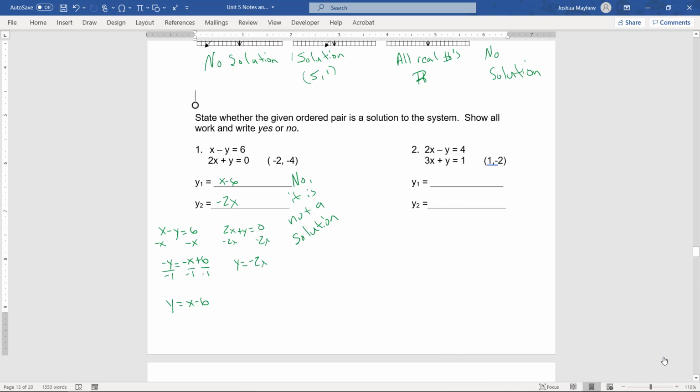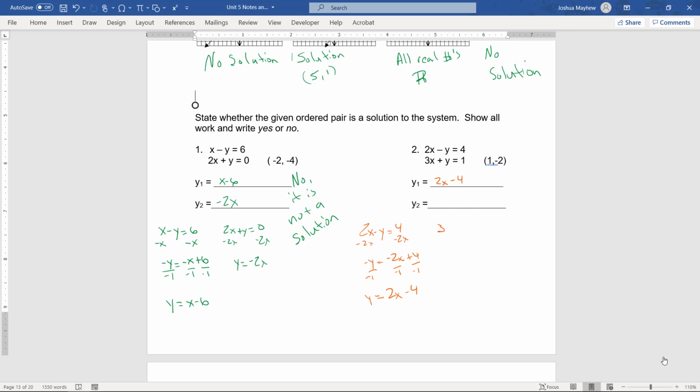All right, let's see how you did. First, you've got to change the form. You should have subtracted 2x from both sides. You get -y is -2x plus 4. Divide everything by -1. y is 2x minus 4 is the first equation.